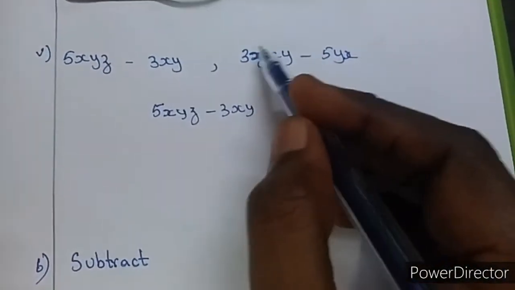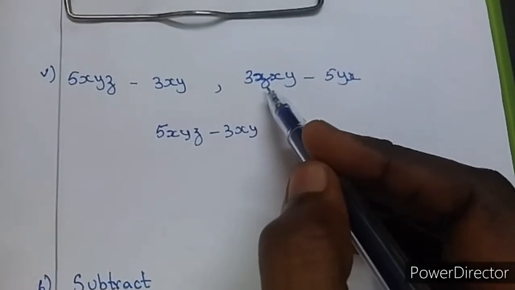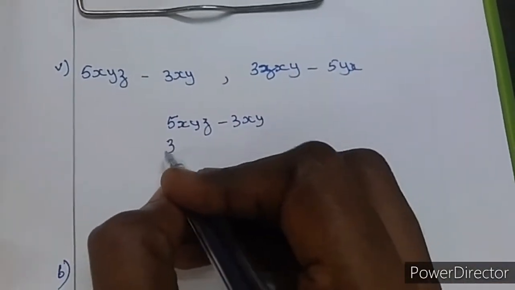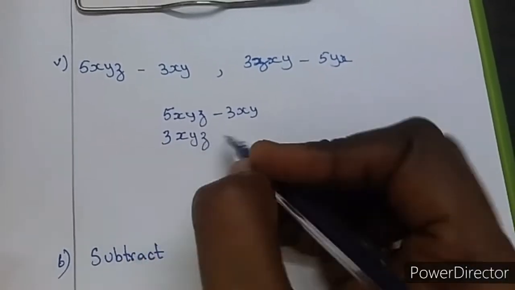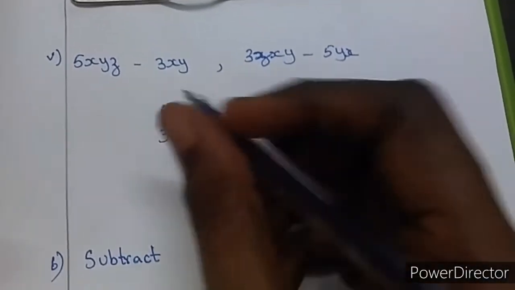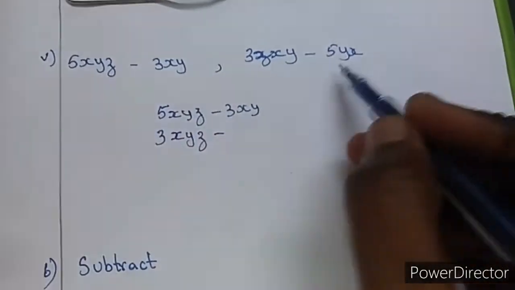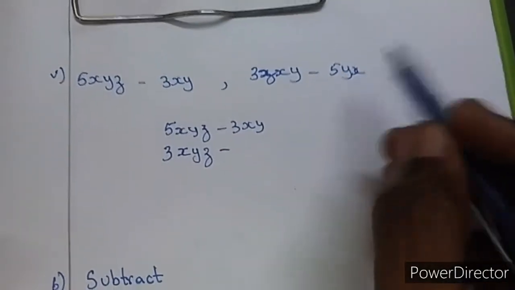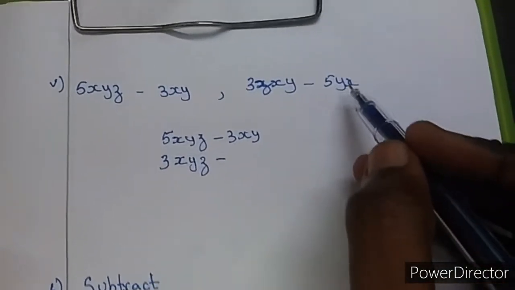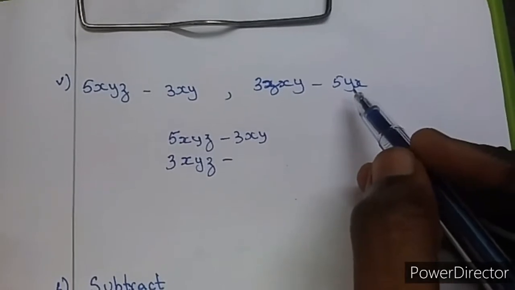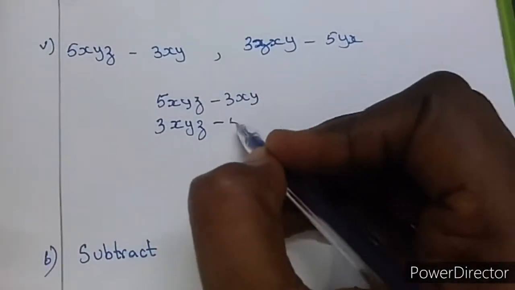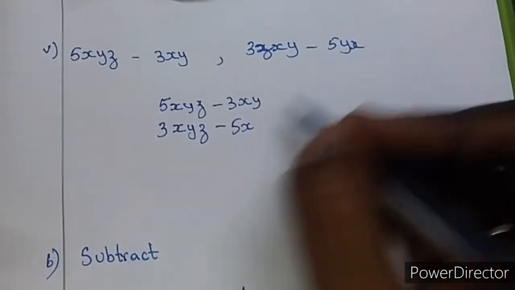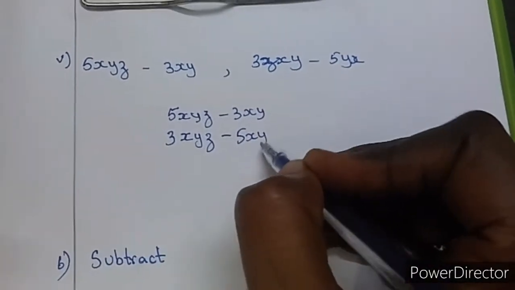The same variables are also in the next expression, so take and arrange that. Z, x, y, z also same only. Now here they given as xy, here they given as yx. Variables are same. We can assume that also as same like terms. So here minus 5yx we can write as xy.